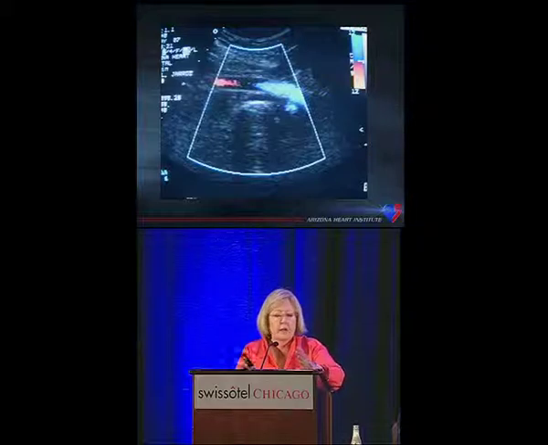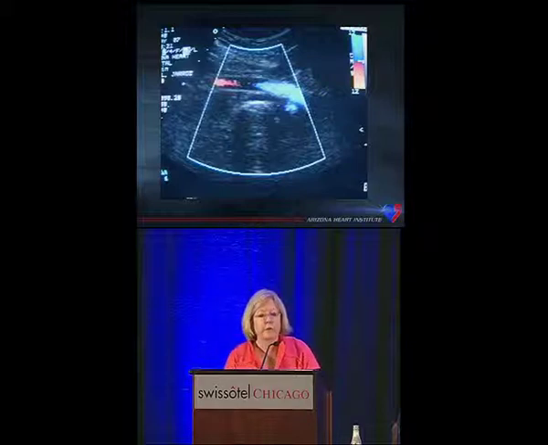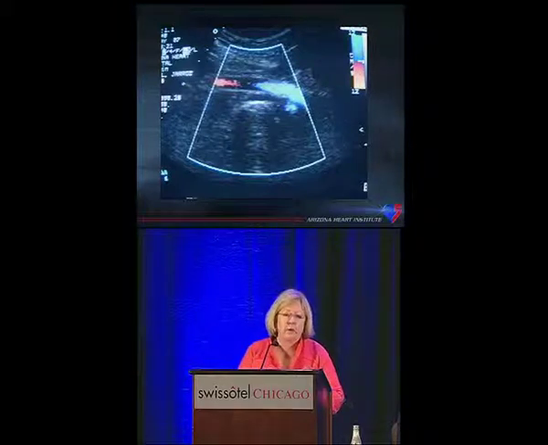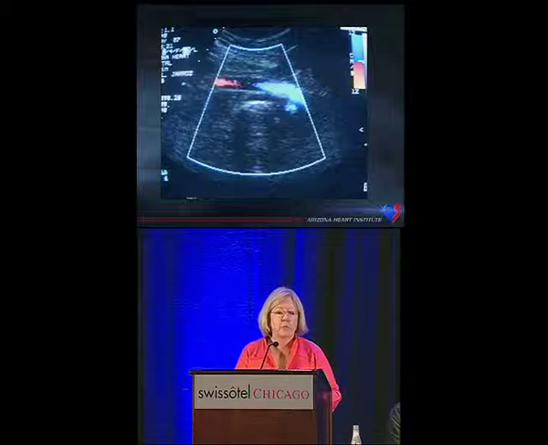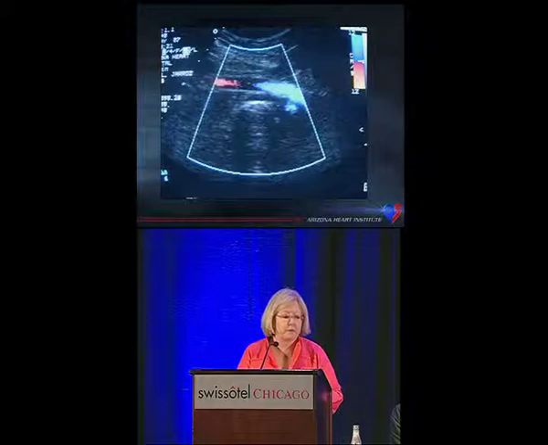So if you're not keeping a good record of the sequential ultrasounds, then you don't really have a good point of reference. The other variables, of course, are the hydration state, and then the technologist who's doing the study. So it's not a very good way to monitor for intimal hyperplasia. It's just what we've had until this point.